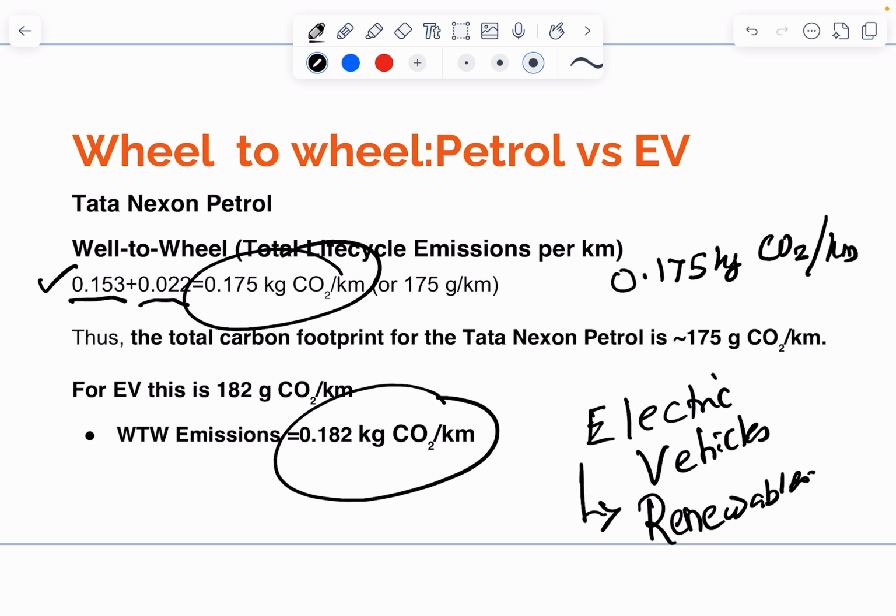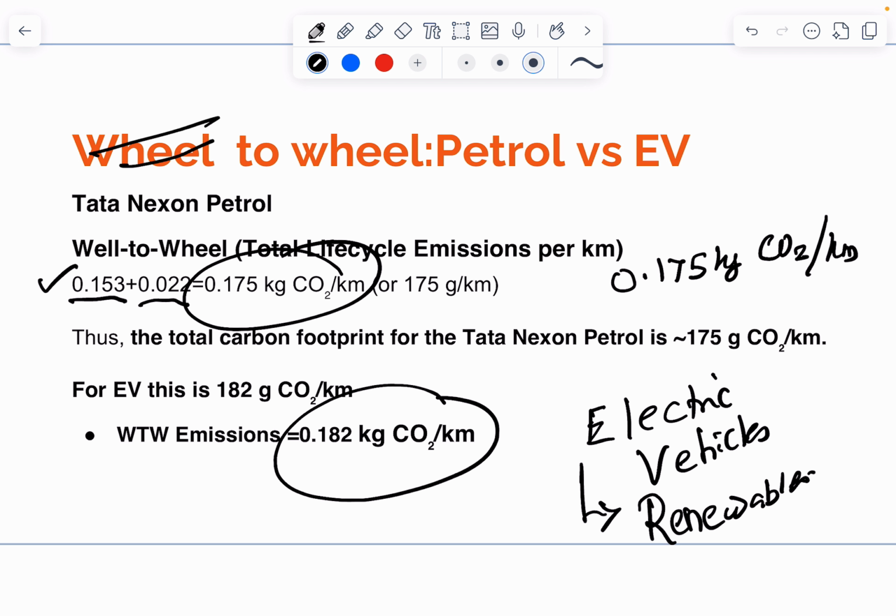Till then, we need to be very sure that just promoting electric vehicles without moving towards green electricity might actually lead to more emissions if we do this analysis from well to wheel.